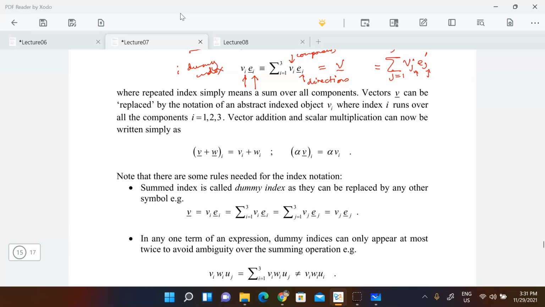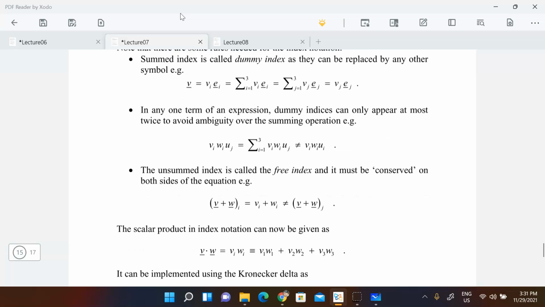If I have three repeated indices, then I will not be able to know which pair is going to be summed. So these are some rules.